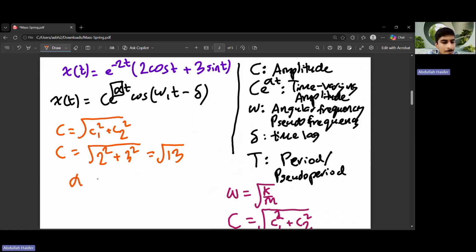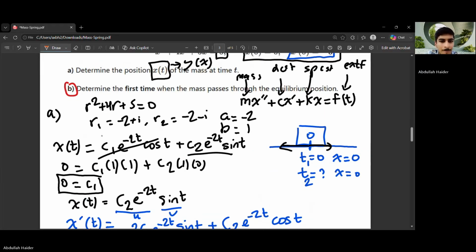Now, your alpha is the same as the A in the complex root of the auxiliary equation. And then your omega 1 or omega is the same as B of the auxiliary equation. So if we go back to what we did here, our A was equal to 2 and our B was equal to 1. Basically, you look at the complex root of the auxiliary equation.